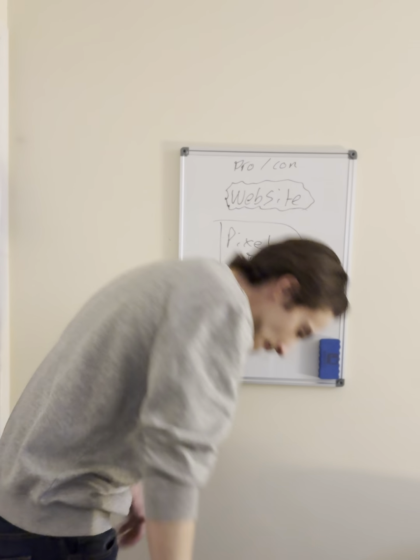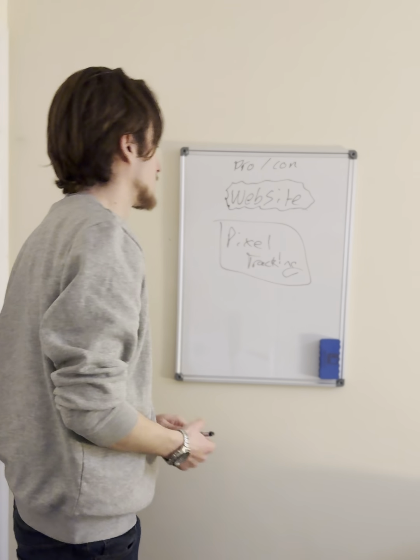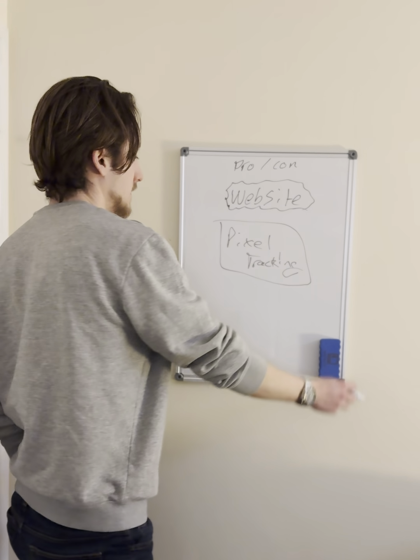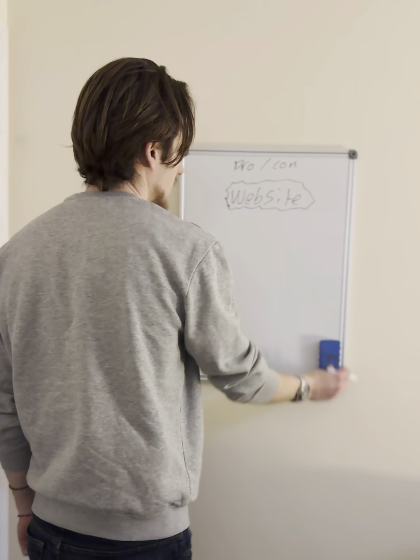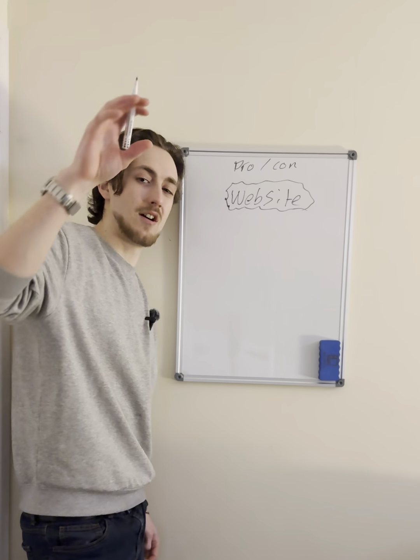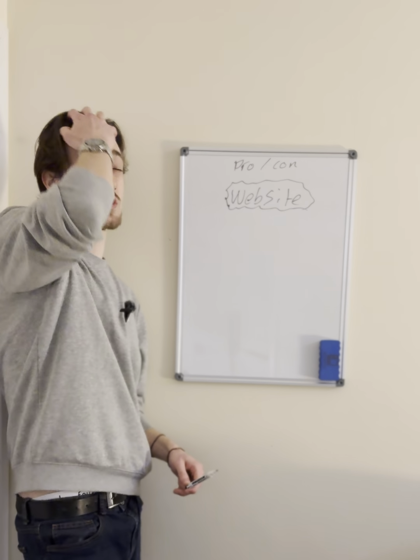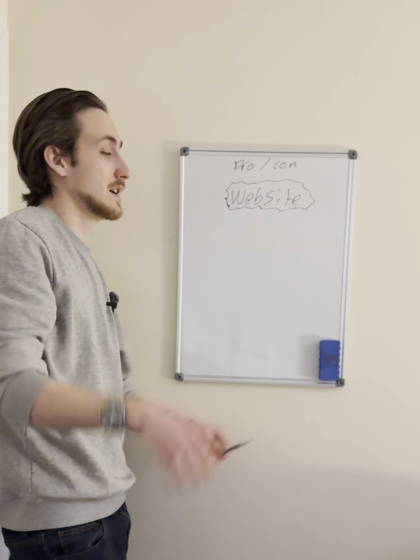It just allows Facebook to do better tracking in the future. You can integrate this into your website by copying and pasting a line of code into the header of your website.